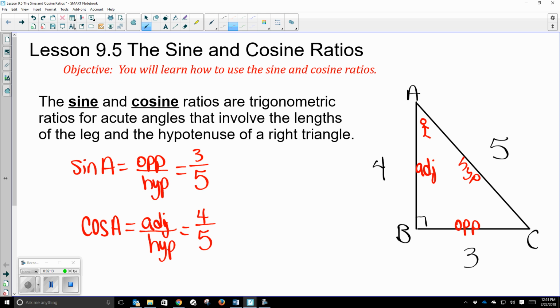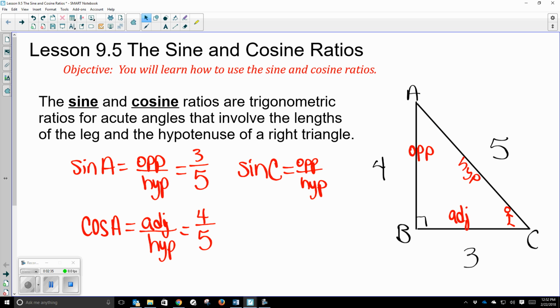Okay, now let's find sine and cosine of angle C. So sine of angle C is equal to, still opposite over hypotenuse, but since we're talking about angle C, you're standing on this side of the room. And these two things switch, just like it did with tangent.